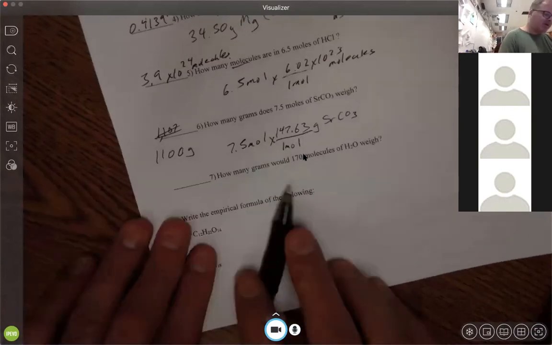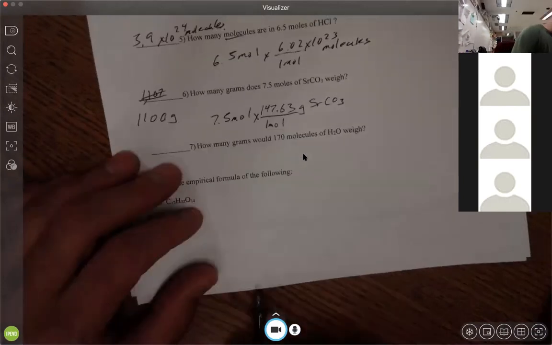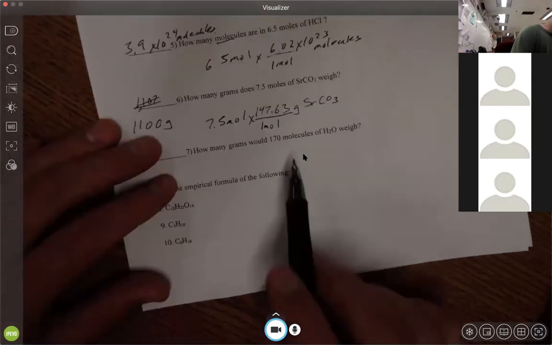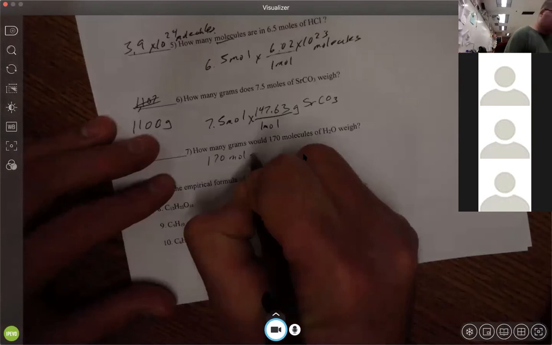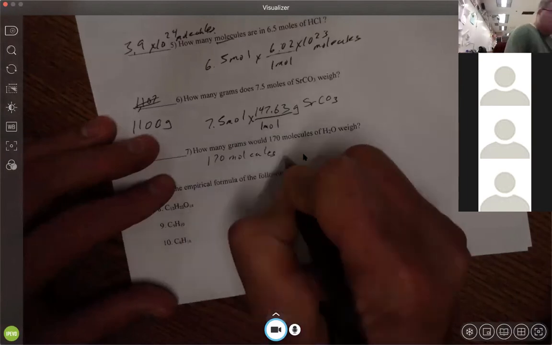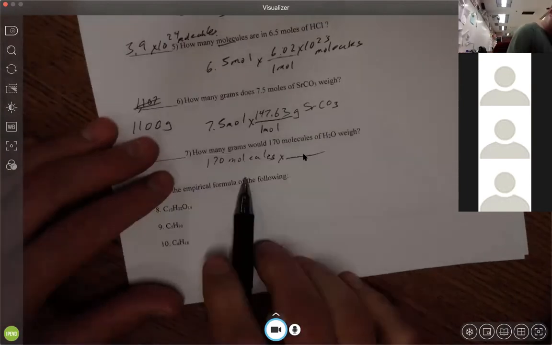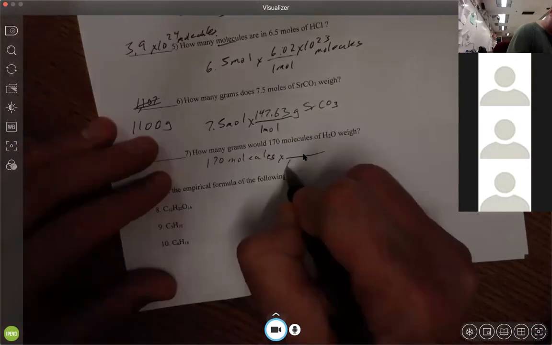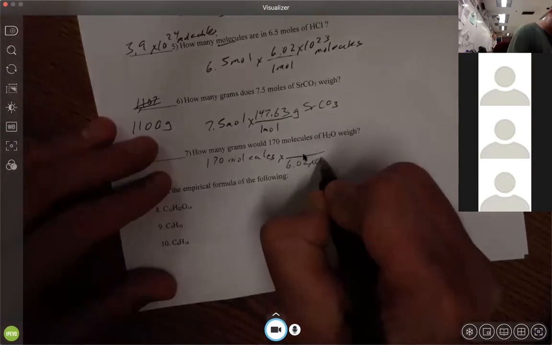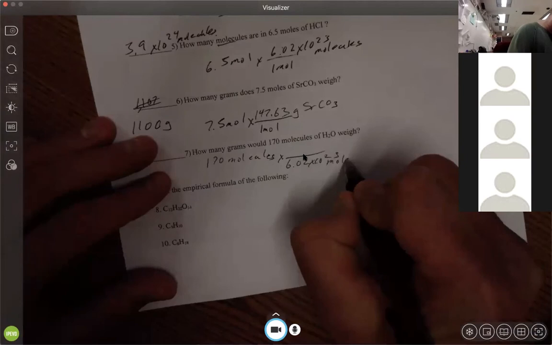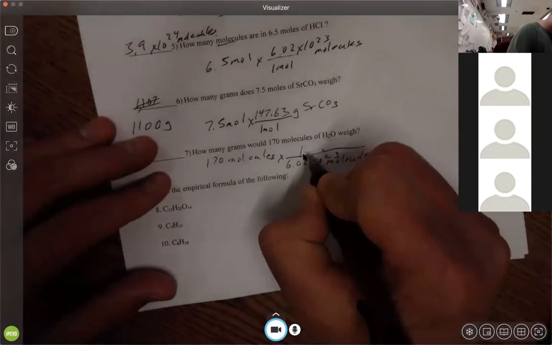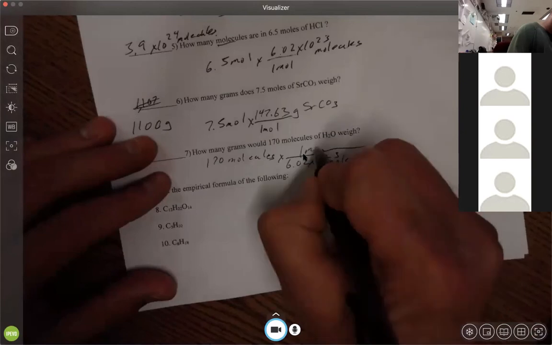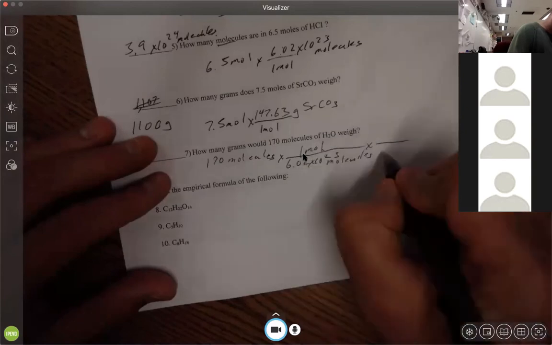How many grams would 170 molecules be? This is going to be very, very light because that's not very many molecules at all. Since we have molecules, we know it's 6.02 times 10 to the 23rd molecules for every 1 mole. And every 1 mole of water weighs 18.02 grams.